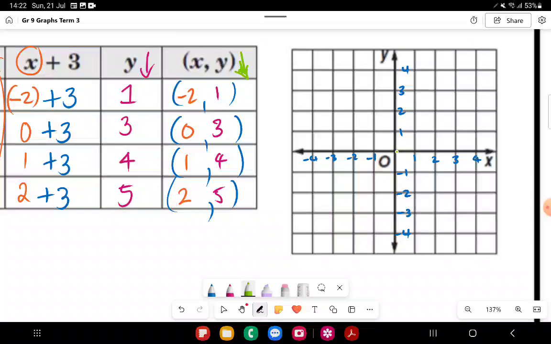So when x is -2, y is 1. There, I go there. When x is 0, y is +3. When x is 1, y is +4. When x is 2, y is +5.